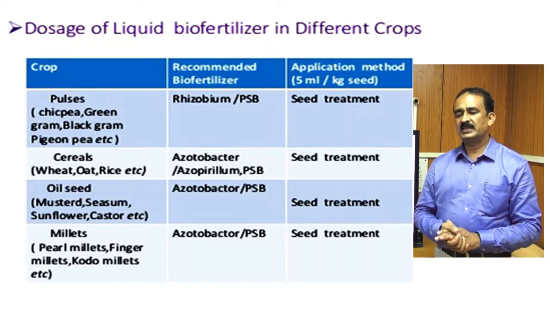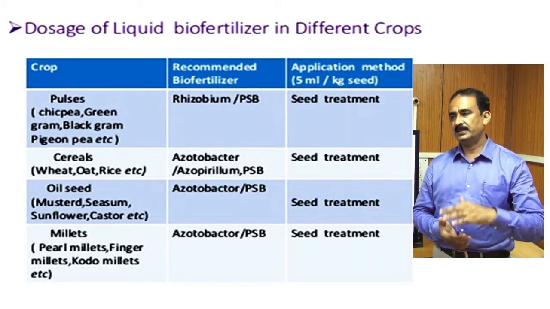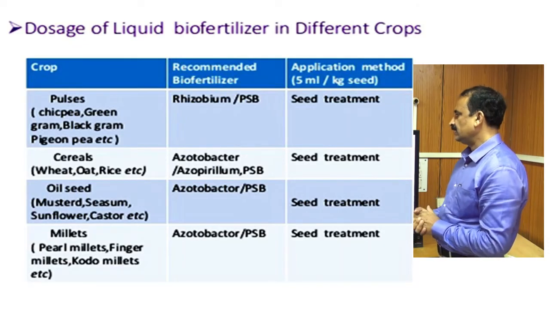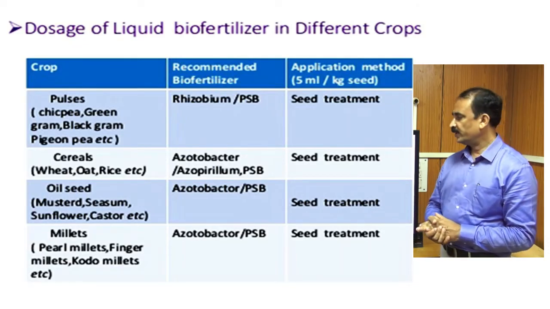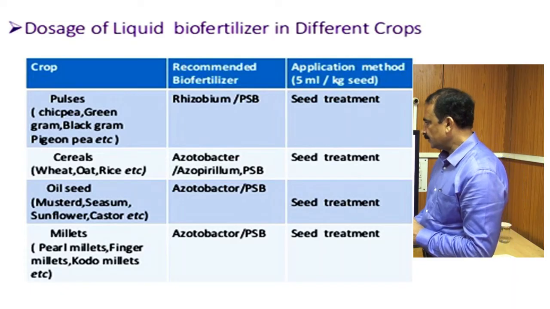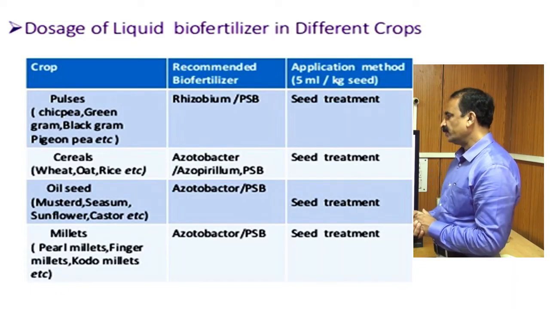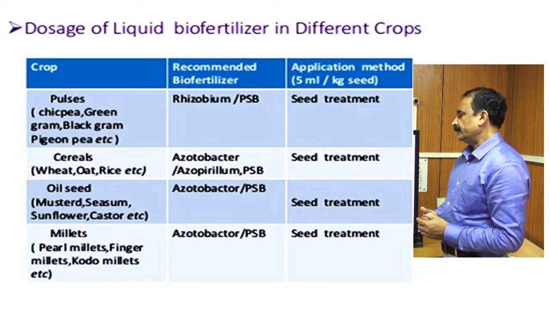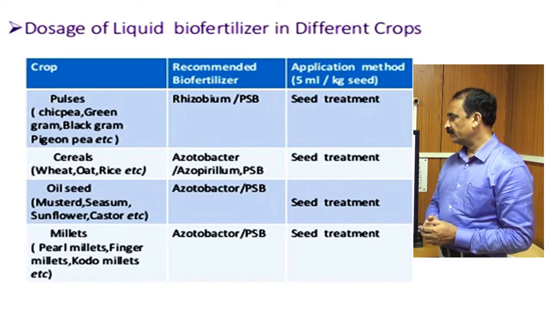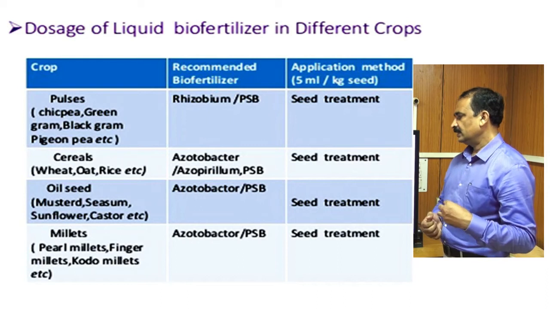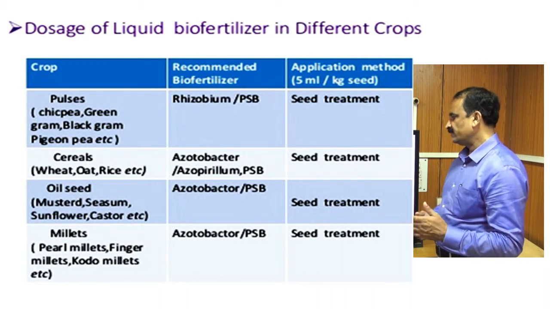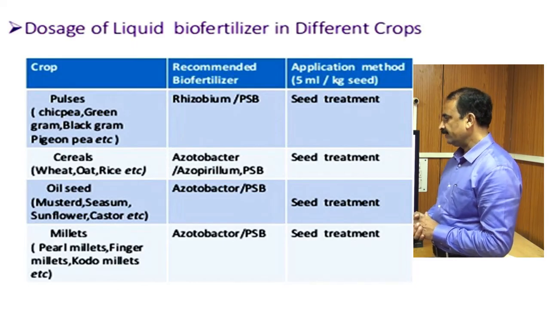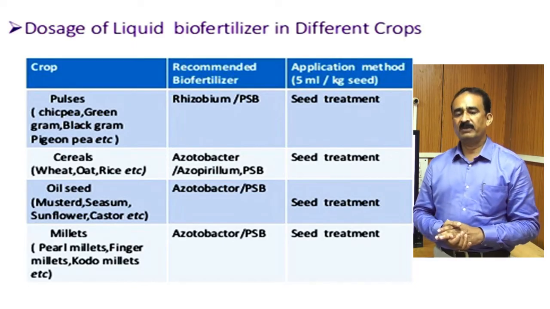This table shows the response of the liquid biofertilizer on different crops, especially cowpea. If you apply the Rhizobium culture and compare with the control, meaning no inoculation, the control yield is 10 quintal per hectare, whereas the Rhizobium or PSB inoculated field gives 13 or 13.5 quintal per hectare.